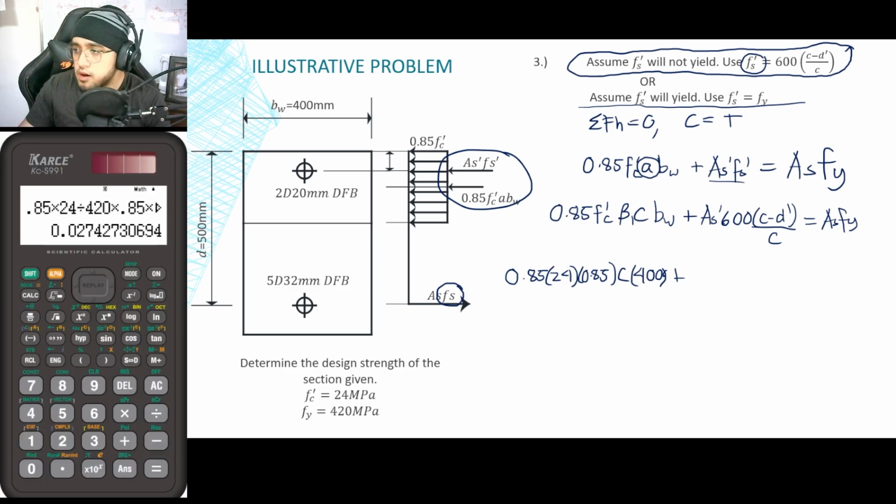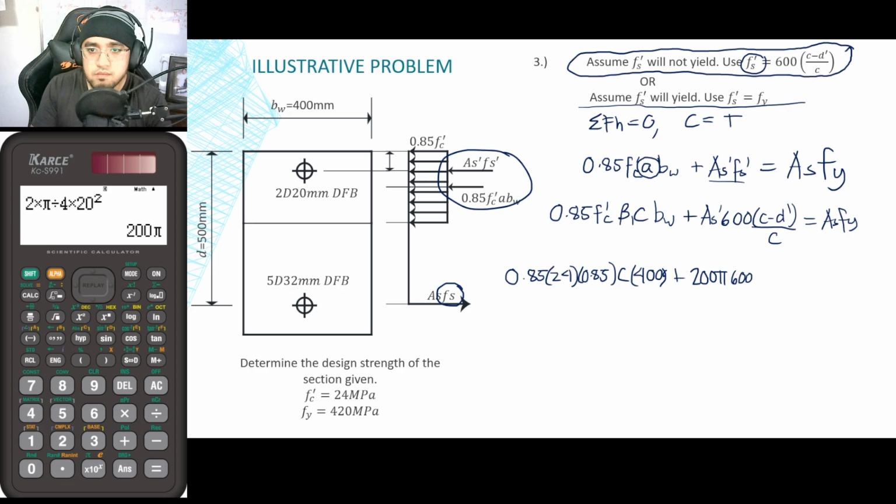Looking at the calculator, As prime is equal to 2 times pi over 4 times 20 squared, so this is now 200 pi, times 600 times (c minus d prime of 60) divided by c. So this is now equal to As Fy.